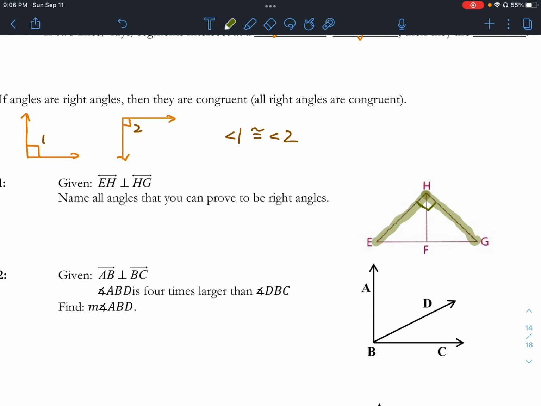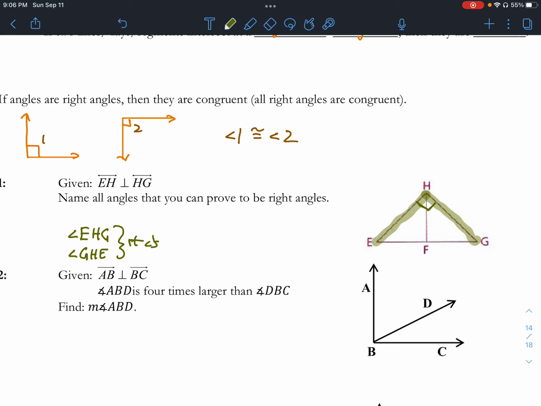And it now says, name all the angles you can prove to be right angles. That perpendicular means that, yep, that angle right there that I've outlined for you guys is a right angle. Angle EHG, or if you named it the other direction, GHE, those ones are indeed right angles.